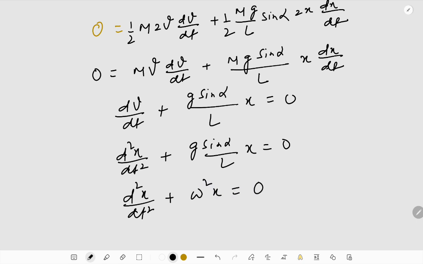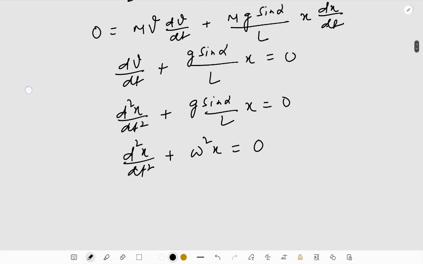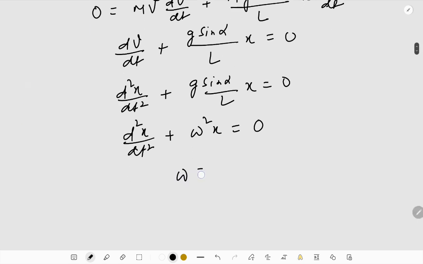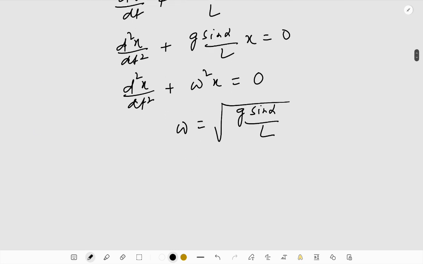If I compare both these equations, I can get my omega, and that is equal to under root g sine alpha upon L. And if angular velocity is omega, then its time period is simply 2 pi by omega. Time taken to complete one circle is angular displacement, that is 2 pi by omega.